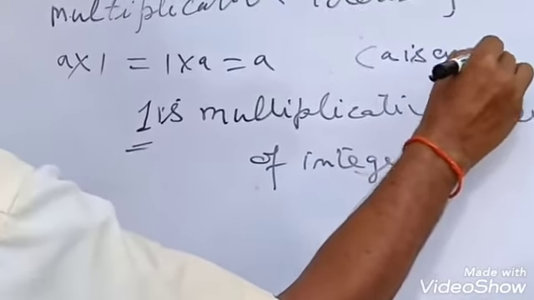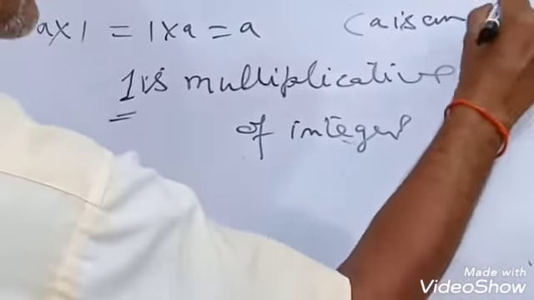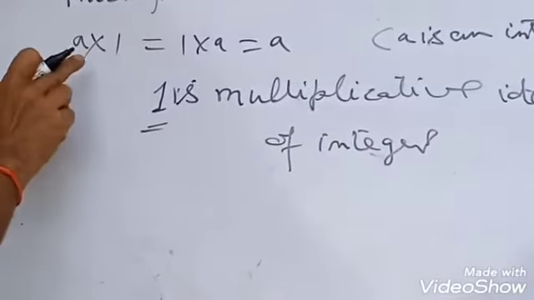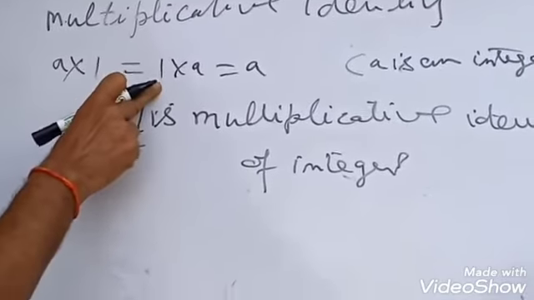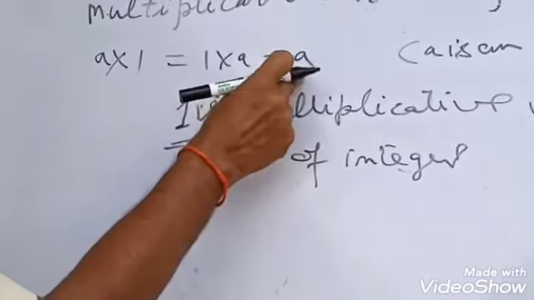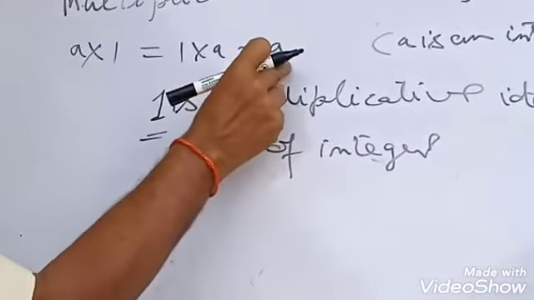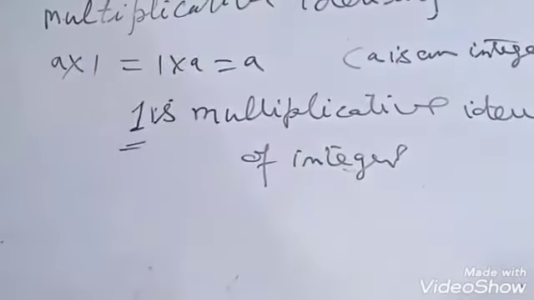A is an integer. So for every integer A, when multiplied by 1, or 1 is multiplied by any integer, it gives the integer. There is no change in the value of the integer.